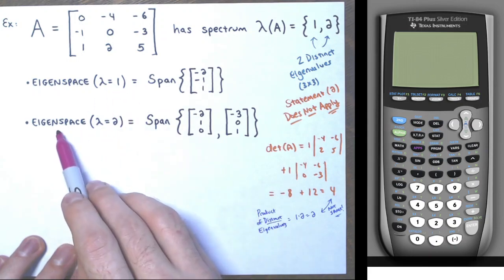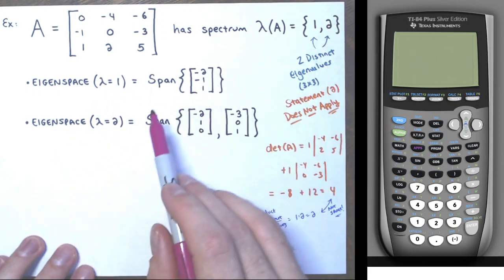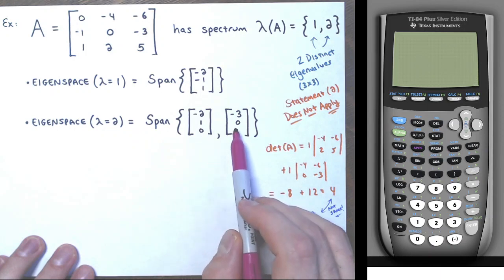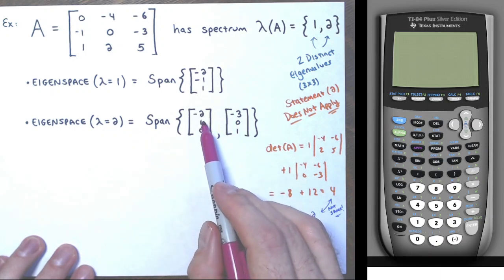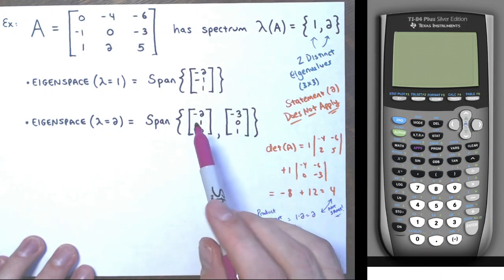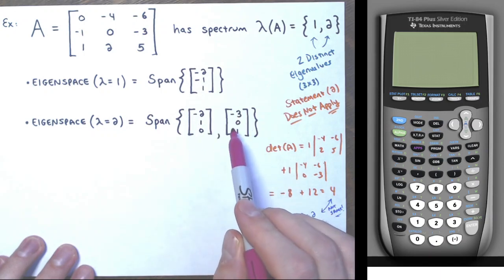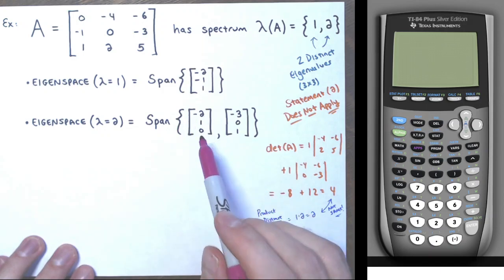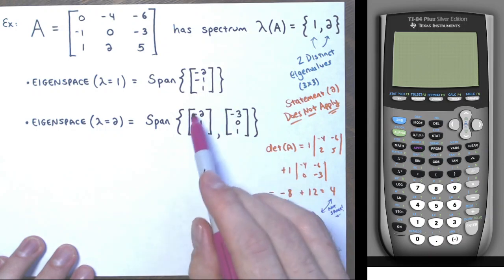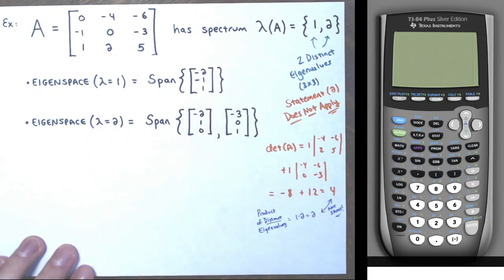And then the eigenspace for lambda equals 2 is the span of these 2 vectors. It's got dimension 2 now. The vectors are -2, 1, 0 and -3, 0, 1. So every linear combination of these 2, some number times this plus some number times that, as long as those numbers aren't both 0, as long as you're not getting the 0 vector, you'll have an eigenvector for 2.